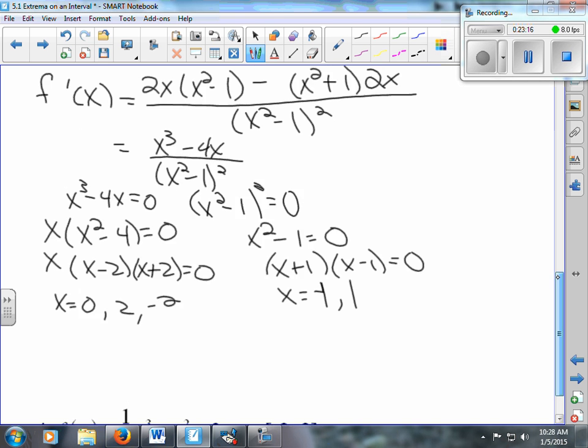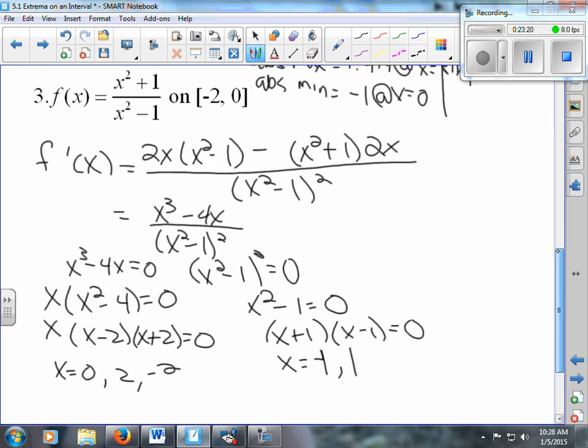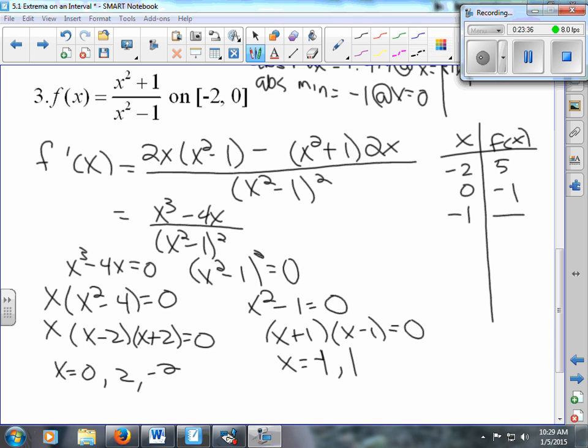And my interval was -2 to 0. So I only have to consider the ones between -2 and 0. And I'm going to plug those into the original. So -2, 0, and the only other one between those is -1. And when I plug these x values into the original function, at -2 I got 5, at 0 you get -1, and when you plug -1 in, you divide by 0, which means that this does not exist.